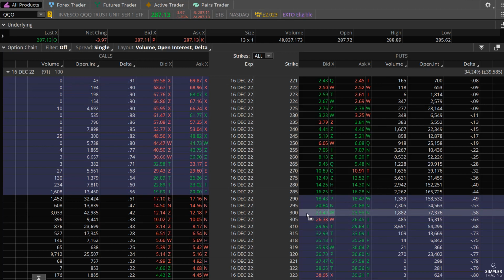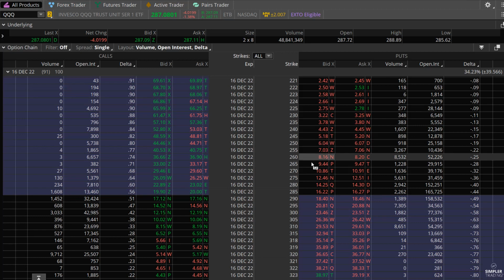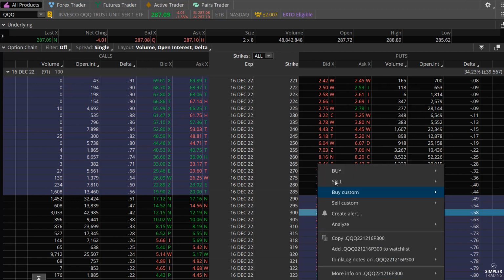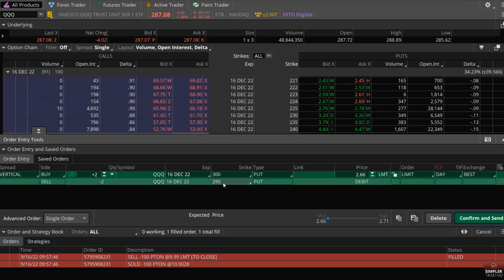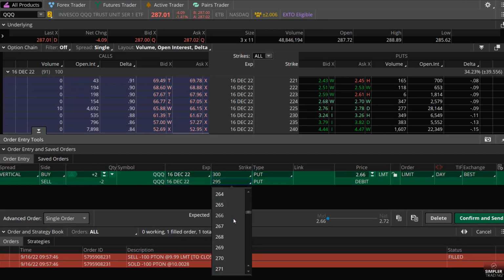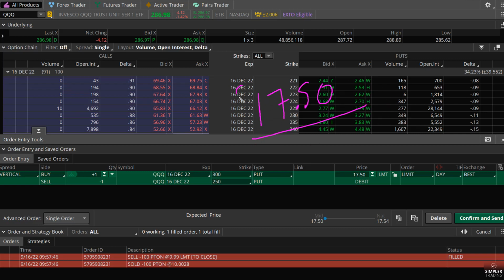So Delta 60, that would be about what, 300, and then 250 is going to be the Delta 20. So let's just see what that looks like. Buy, vertical, 300, 250. For one contract, that's going to cost you $17.50. Okay.